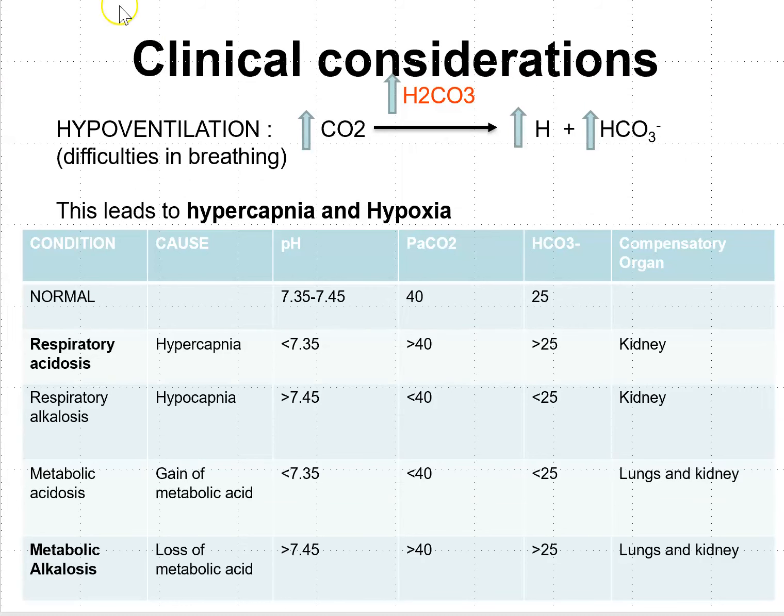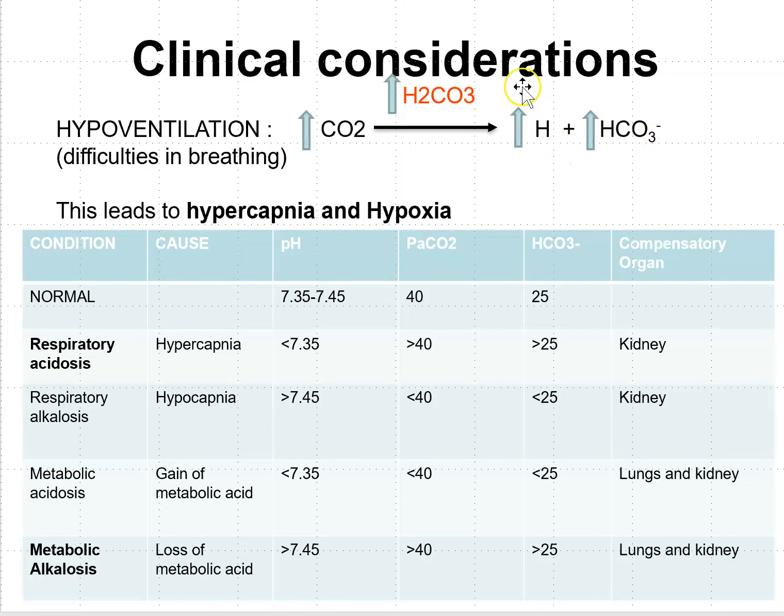Now, hypoventilation is a process where a person has very shallow breathing, and hypoventilation leads to an increase in CO2 because we don't breathe out CO2 properly. So as a result, we have too much carbonic acid in the body, and this carbonic acid breaks down into bicarbonate ions and H plus ions.